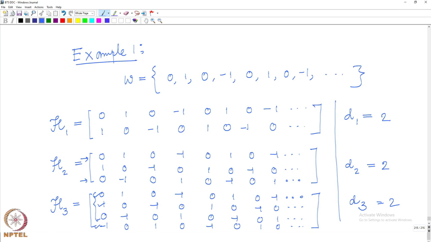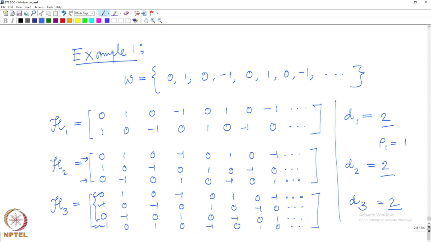Yeah, and in fact you can just go ahead and do these calculations again and again, and you will see that the rank does not go beyond 2 at all, the rank will saturate at 2. So, that is the saturation point. So, this implies rho 1 is equal to 1, because it is d 1 minus d 0 and d 1 is 2, d 0 is 1.